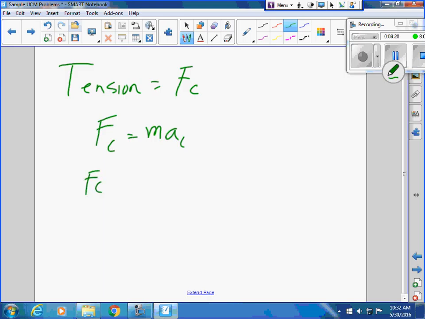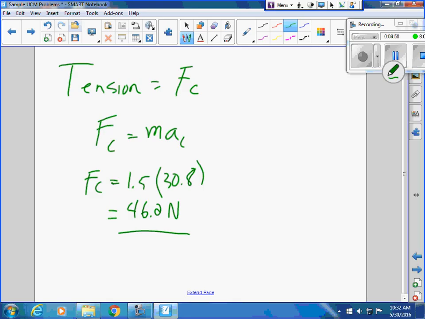So it's just going to be the mass, which was 1.5, times that value that we came up with before. I'll use the 30.8, just because that's what I've got on my paper. Again, if you show me your work, I have no problem with this. I get 46.2 newtons.